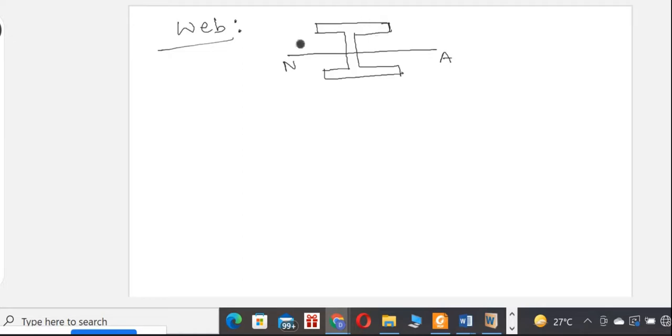Now for the web part, we will consider the EF level within the web, and all the area above the EF level we have to consider.